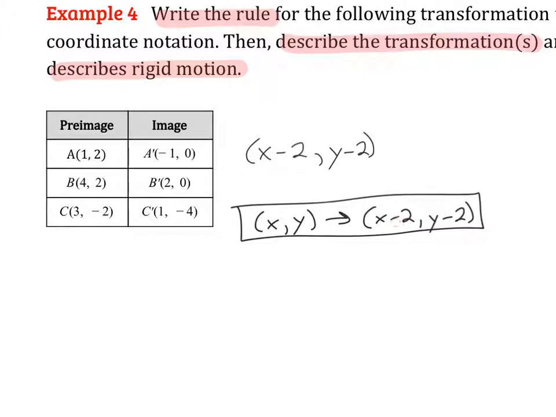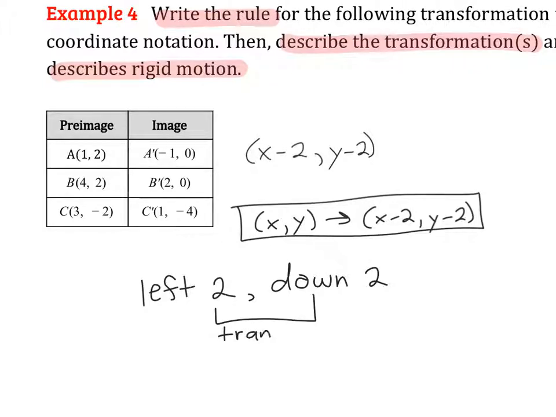And since I'm subtracting 2, that means I'm moving left 2. And anything done to y will be vertical, so up or down. So since I'm subtracting 2, I'm going to move down 2. And again, these are both called translations.